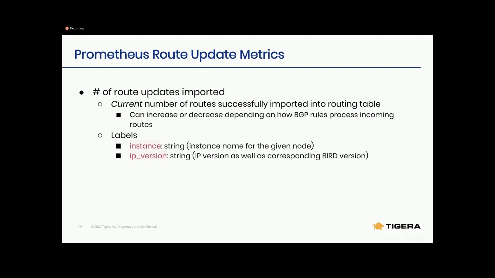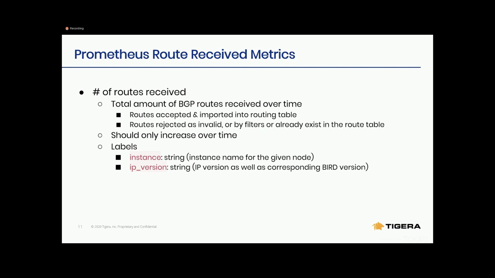For instance, if a route reflector goes down and changes back to full mesh, the number of route updates increasing dramatically in Prometheus is really helpful. And the same thing with going down: you can see that there's potentially an outage for your nodes if you do not have route reflectors. On top of that, we have routes received as well.